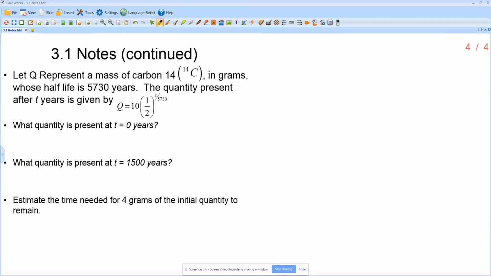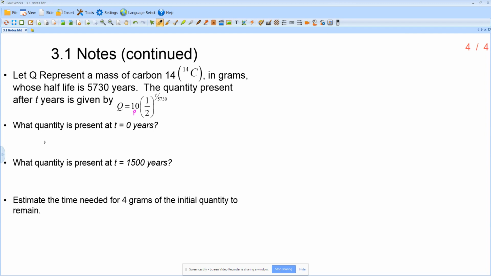The quantity present after T years is given by the formula Q equals 10 times 1/2 to the power of T over 5,730. This is the initial amount times, this is half-life, so half, to the power of time over what the half-life is, 5,730. So this is the actual half-life of it.